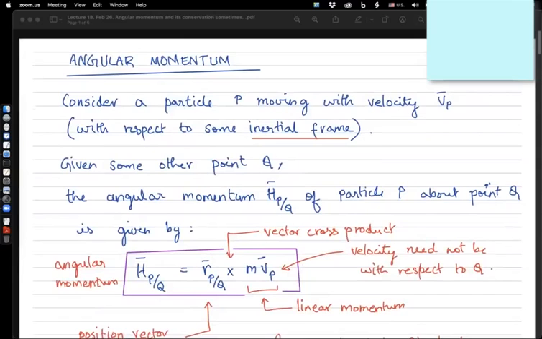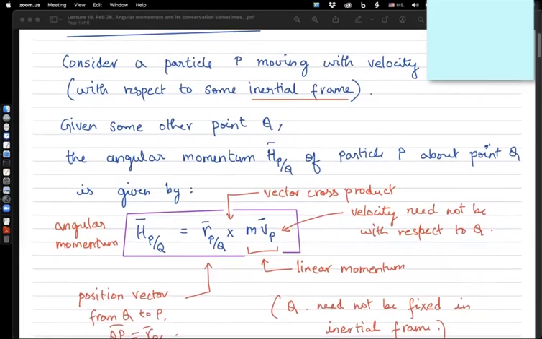So that's the setup. And then we define this quantity called angular momentum. We call this the angular momentum of point P or particle P with respect to, or about, point Q. So it's the angular momentum of particle P about point Q, and this quantity is defined as follows.